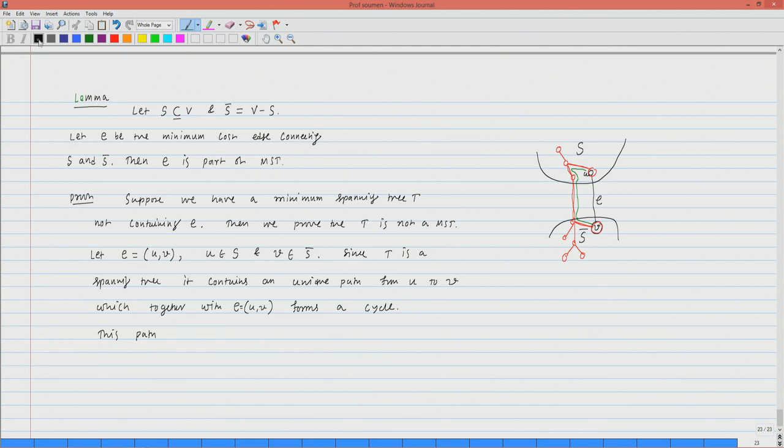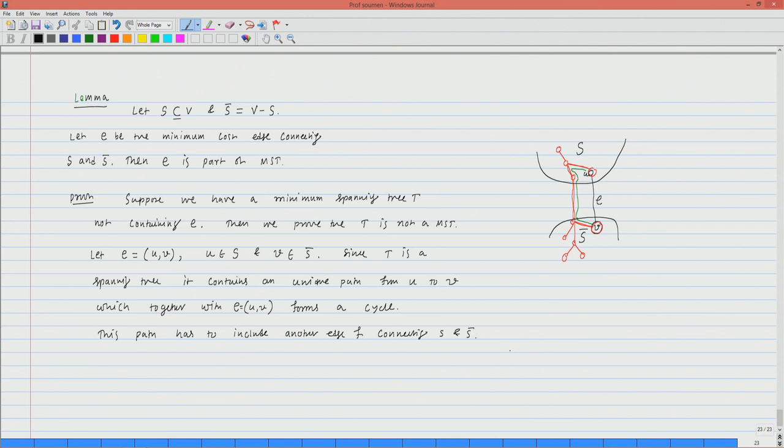This path has to include another edge f connecting S and S complement.